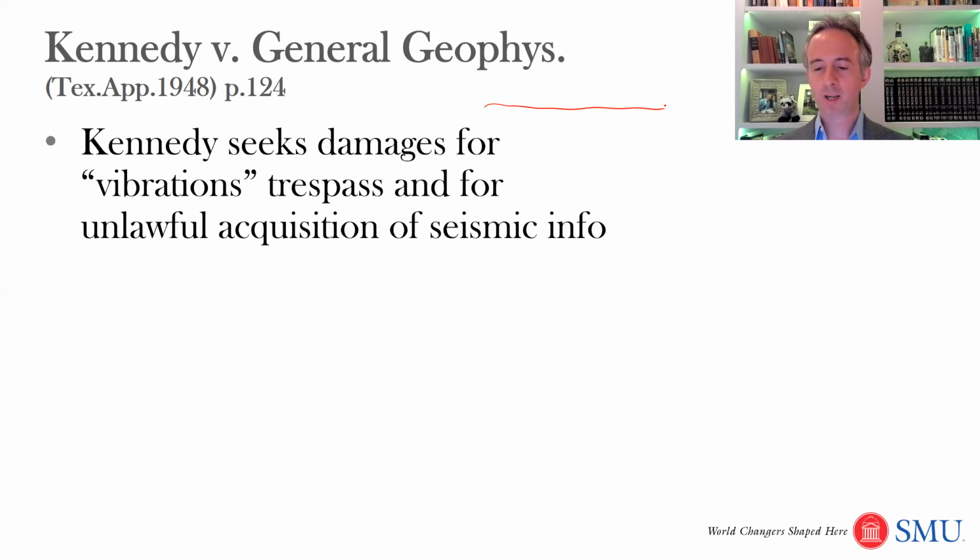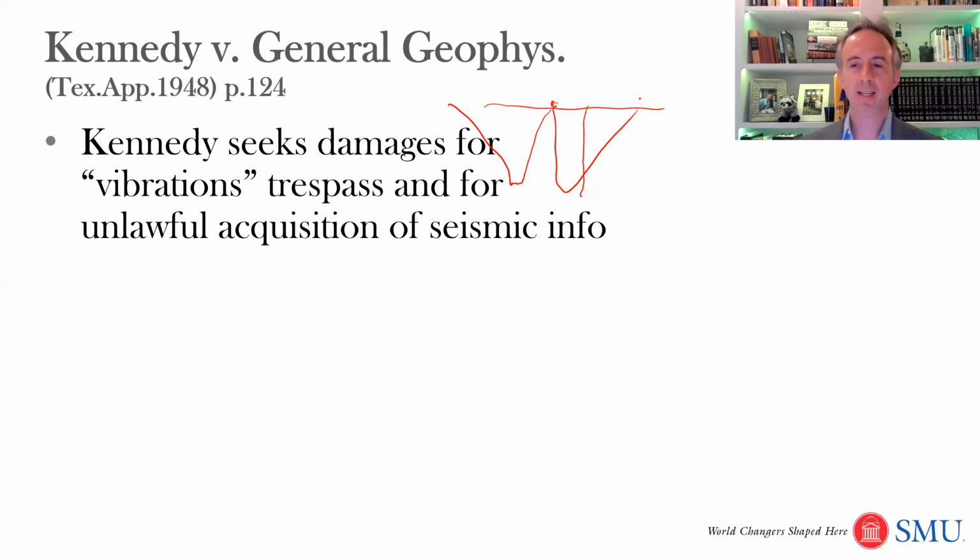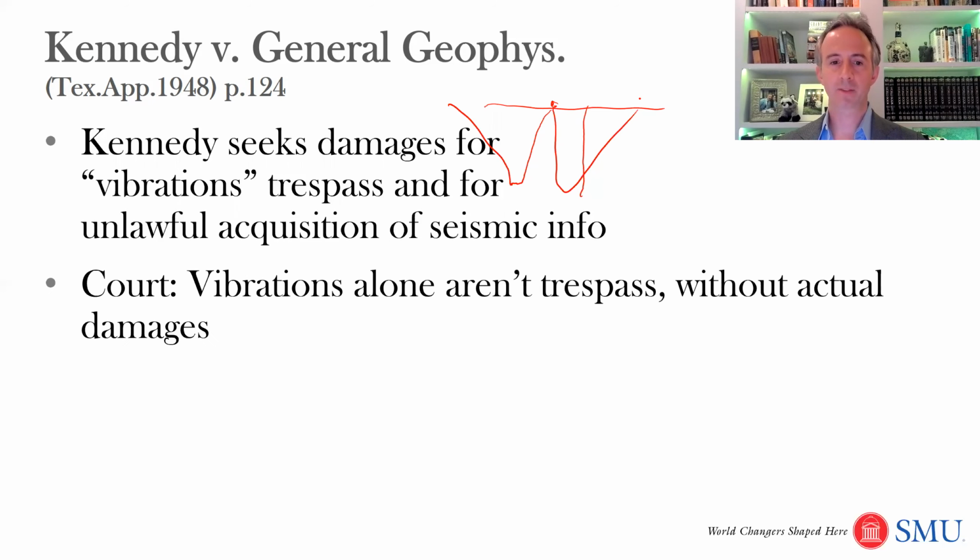So if I drew a side section of the land, imagine that you have sound waves being shot out right on the border, and so they're bouncing in all directions. And Kennedy says, well, look, they're bouncing into my land as well, these sonic waves.